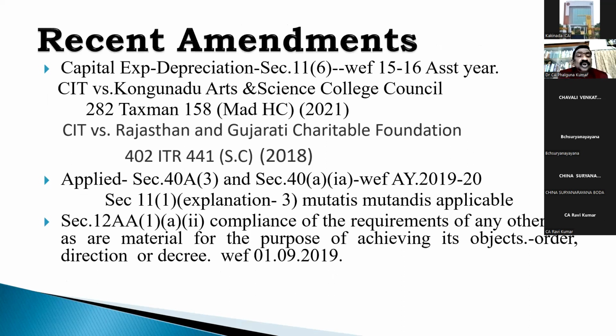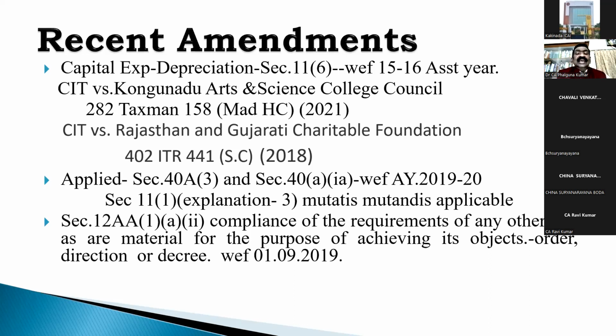Then the 1516 amendment. As you all know, there was a double deduction question before several courts. Double deduction was permitted for capital expenditure, because capital expenditure is also income applied from your current year income, not only revenue expenditure.